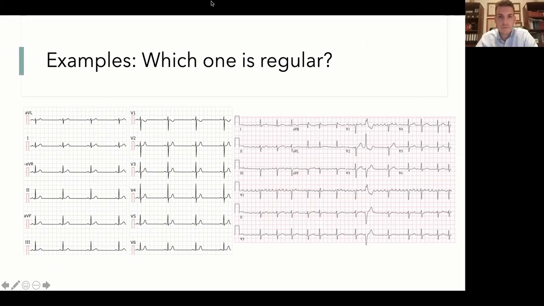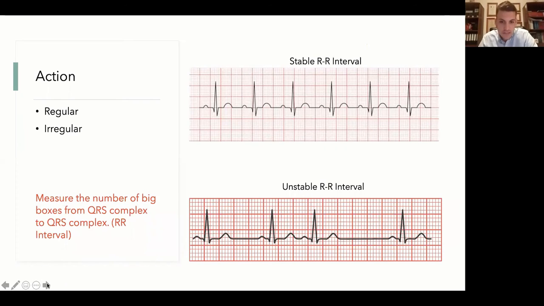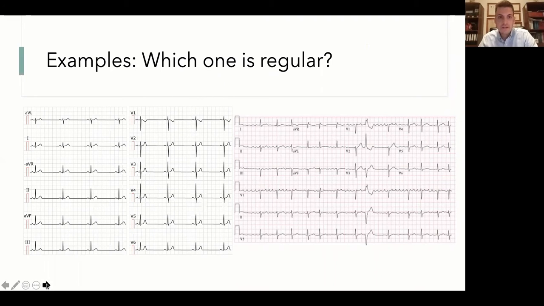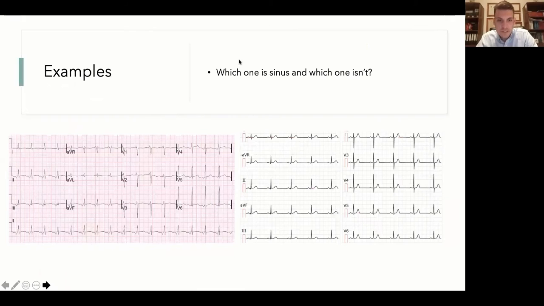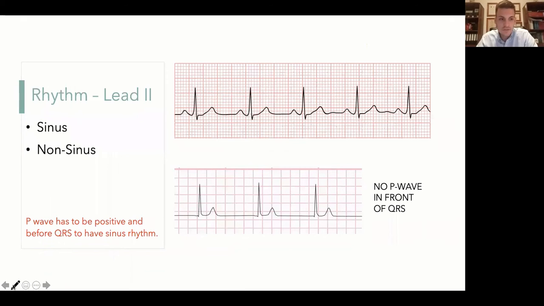Can someone write me in the chat which one is the stable one? Which one has an R to R interval that is the same? Will it be the pink ECG? Yes, you're both right. It is actually the left one. Why? The distance is the same. So that means that the action is regular. Okay, keep this in mind, because now we need to calculate the frequency based on the regularity. Keep in mind which one was regular and which one was not.